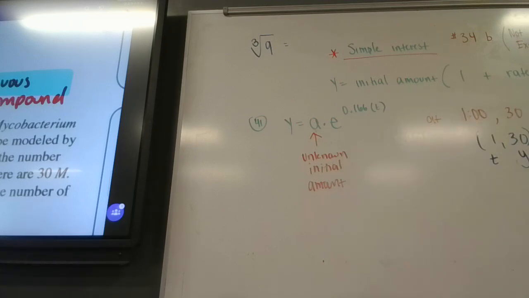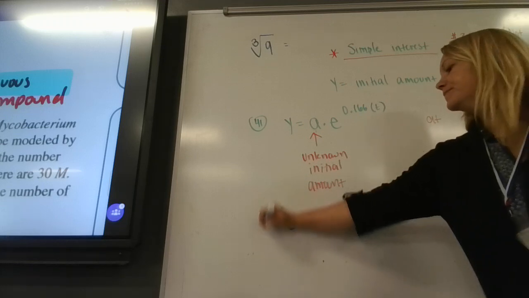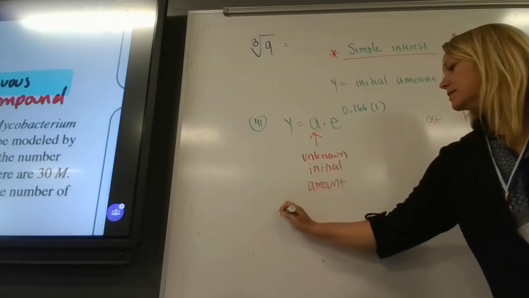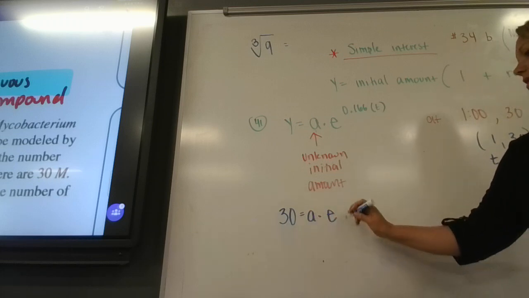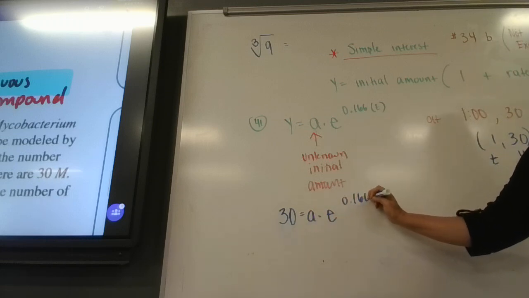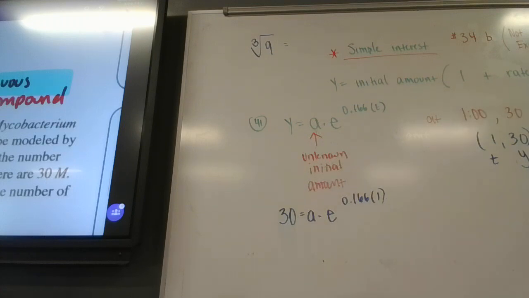So we'll put the 30 in the result spot, y, and that'll help us find A. So 30 equals A times e to the 0.166 times 1. Even though they didn't tell us A, since they gave us this data set, (1, 30), we can find A.